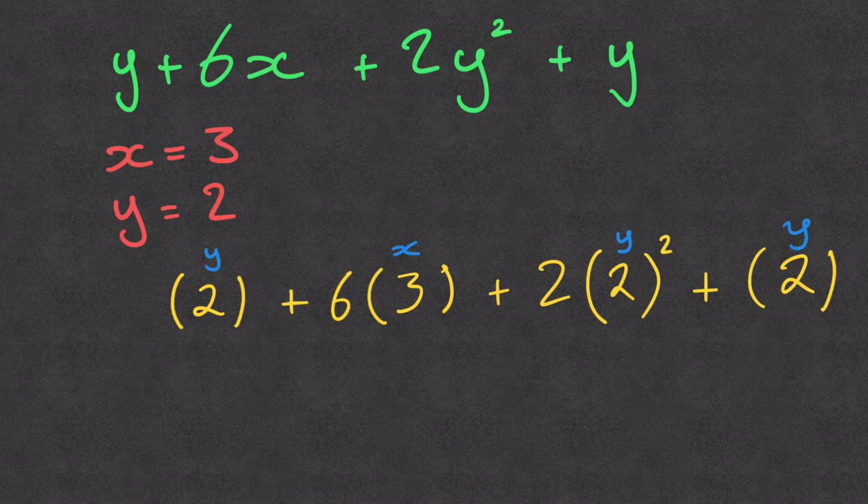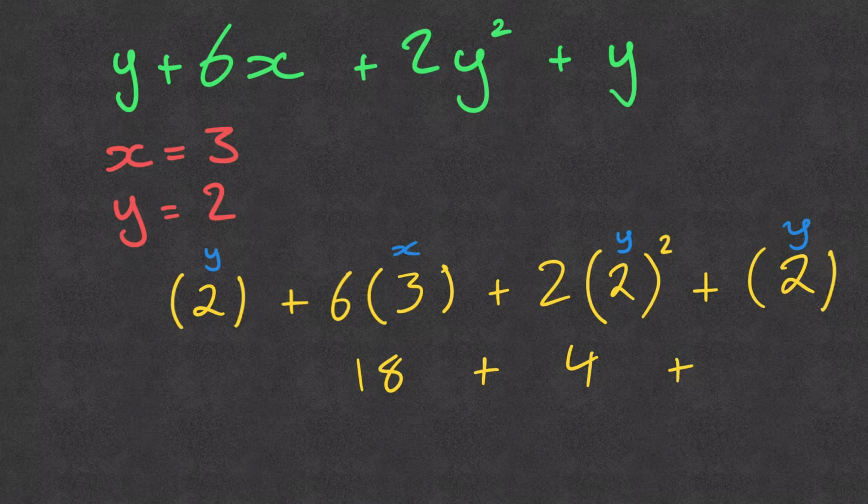There we go. And then we just have to use BIDMAS to solve this. So obviously brackets, indices, division, multiplication, addition, subtraction. Everyone remembers BIDMAS. So let's get rid of our brackets first. That 2, nothing's happening to it. It's just being added on, so we'll leave that. 6 times 3, that is 18. 2 times 2 over here, that is 4.